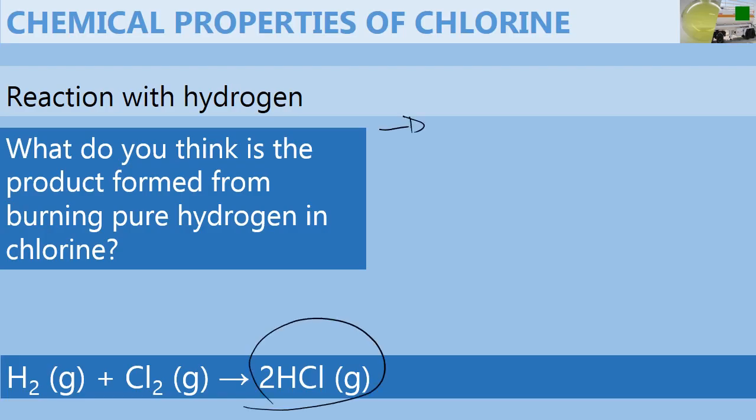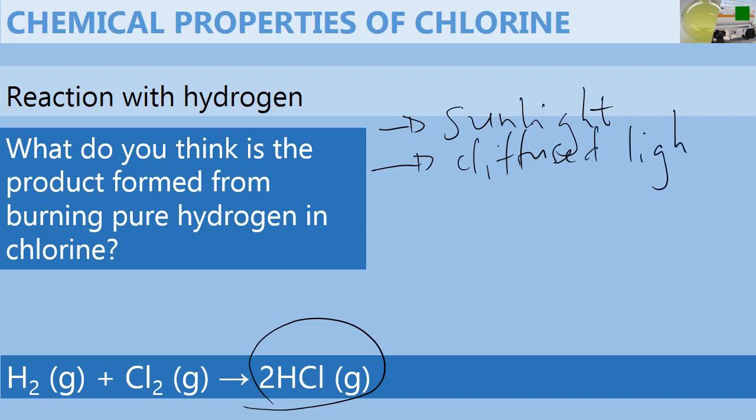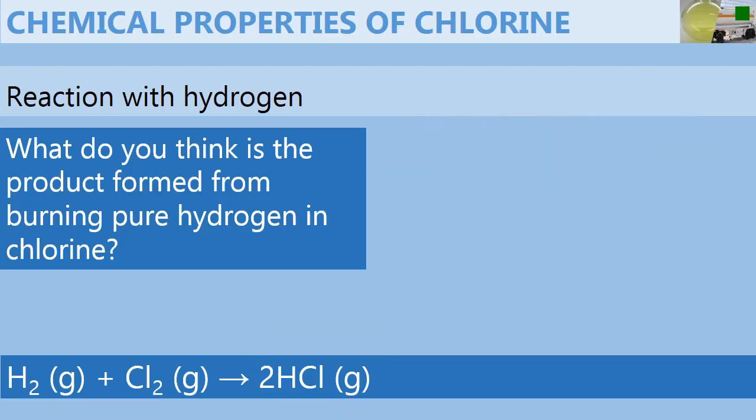It is important to note that this reaction is very explosive in the presence of bright sunlight. However, in diffused light, the reaction is much slower and gentle. This reaction cannot take place in the dark.